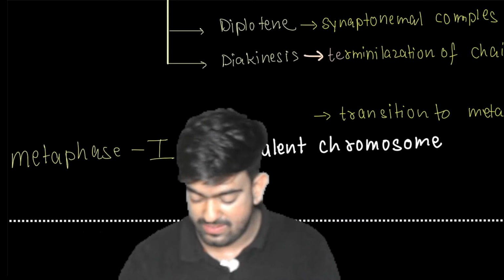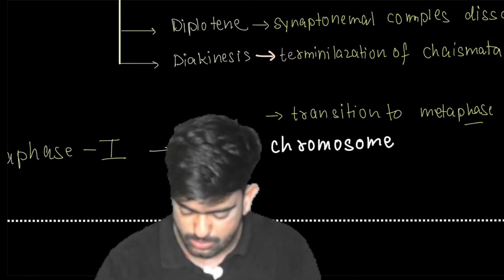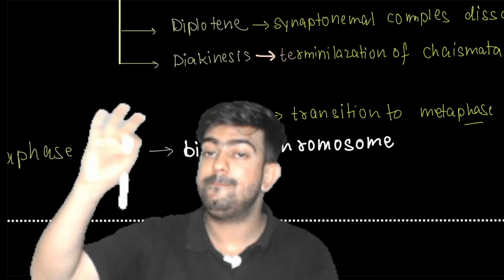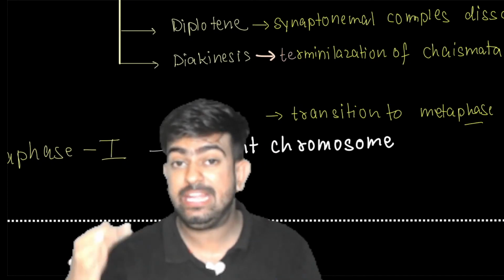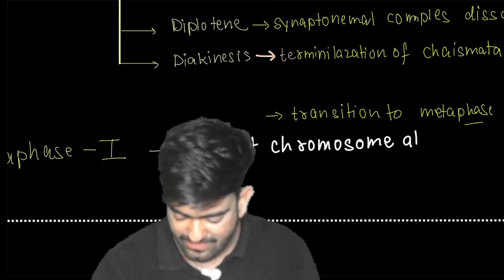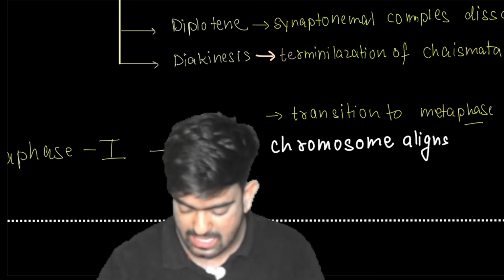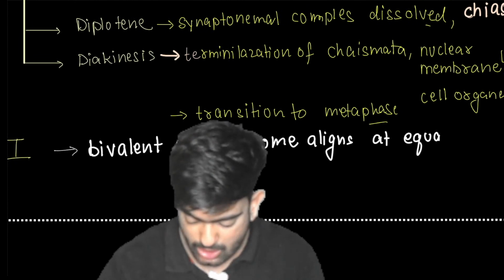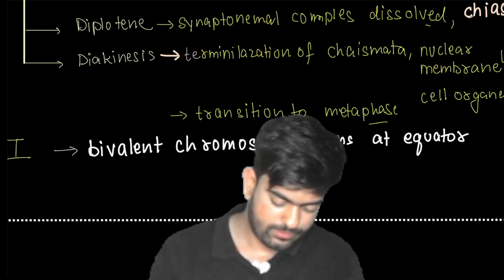I will discuss that. So bivalent chromosomes align themselves in the metaphasic plate or equatorial position. Bivalent chromosomes align at the equatorial plate. Or just write equator.